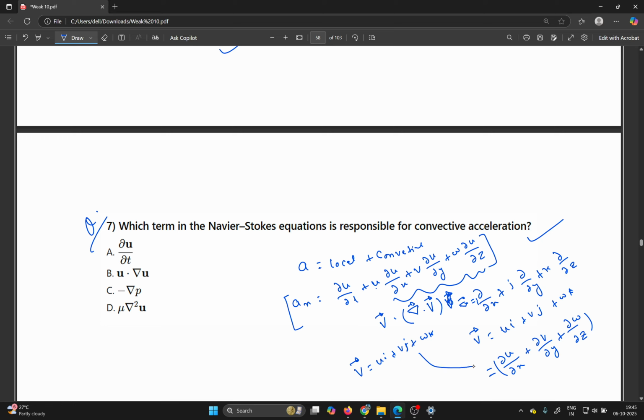When you multiply this again, you will get the final answer. One thing here is very important: we are not having the i, j, k term. When you multiply these things, you will get u del u by del x plus v del v by del y plus w del w by del z.